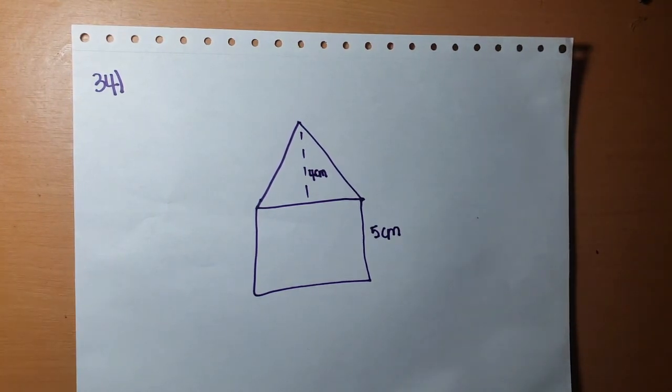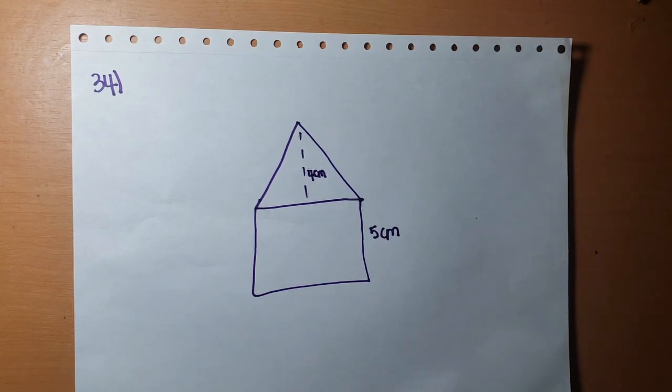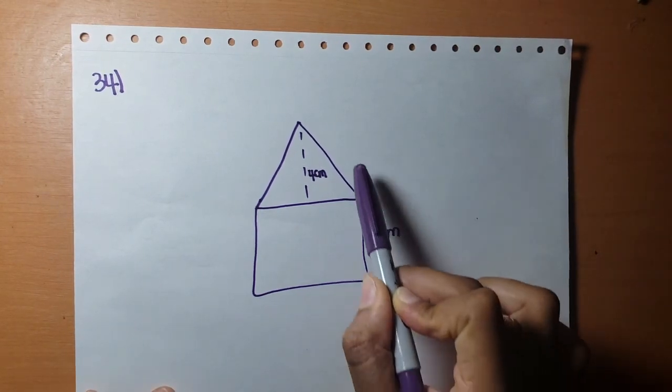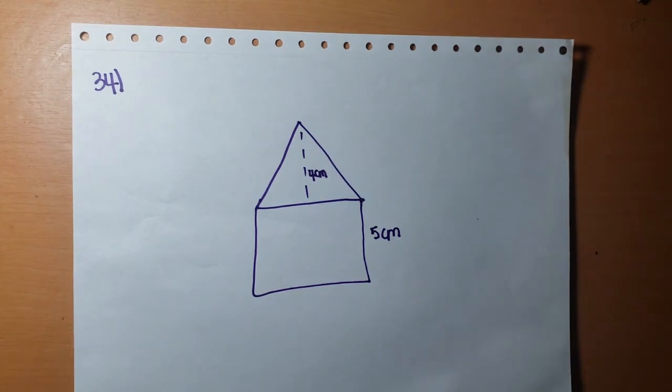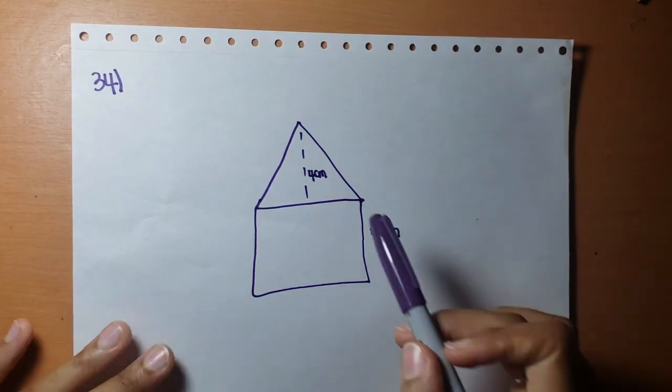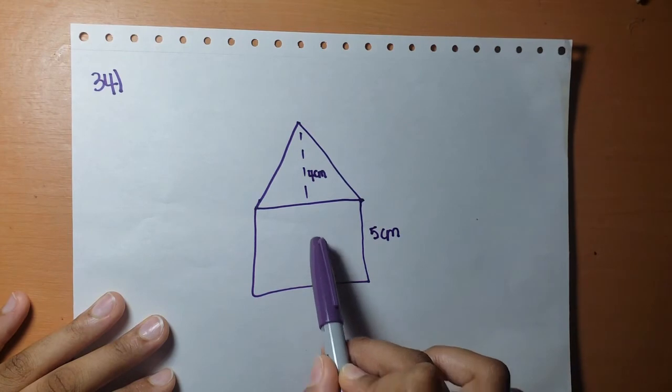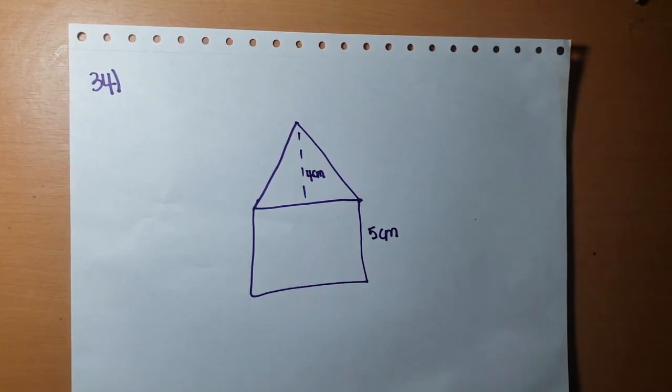So previously we did perimeter. Perimeter is the distance around the figure. So if they had asked us for the perimeter, we'd have to add here, here, here, here, here. But they did not ask us for the perimeter, they want the area. So therefore they want the area of here plus the area of here. So how do we find the area of a triangle?